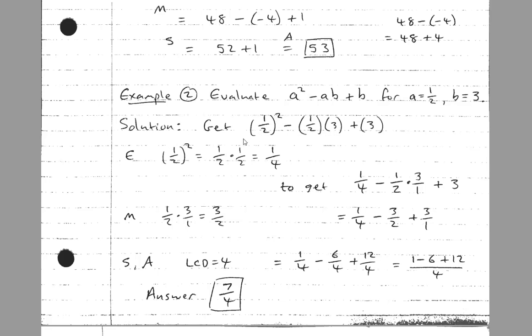Let's take care of that exponent first. So what is 1/2 squared? Well, it's just 1/2 times 1/2. Multiply straight across, that's 1/4.